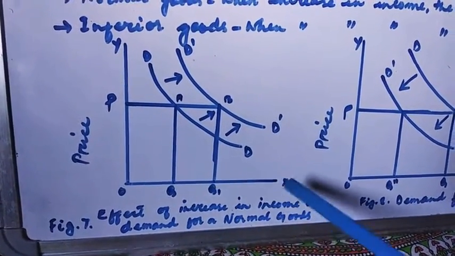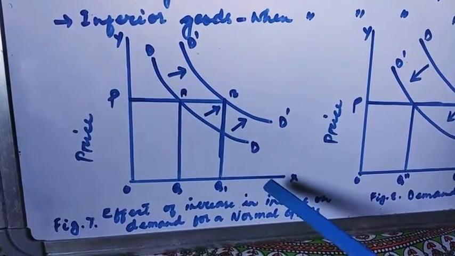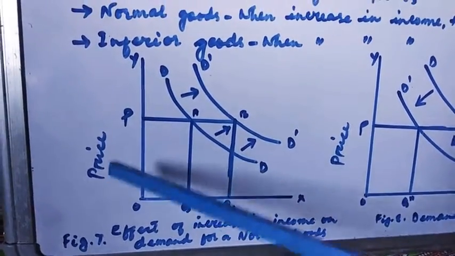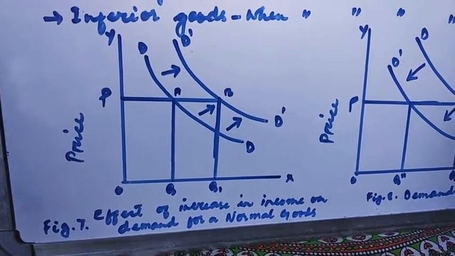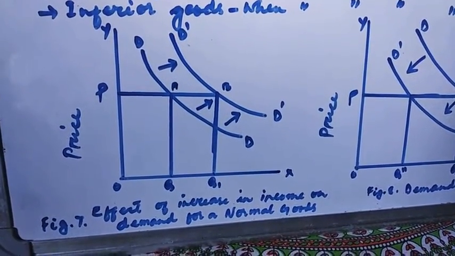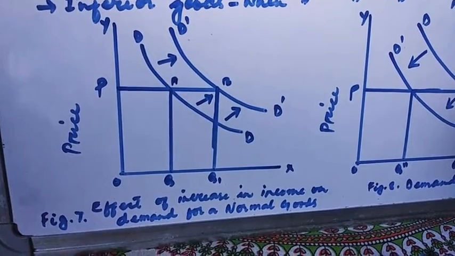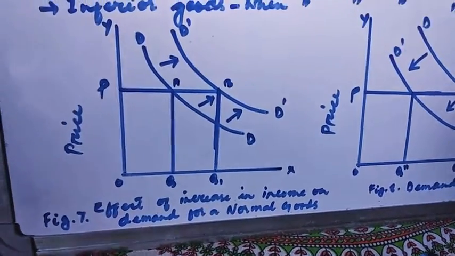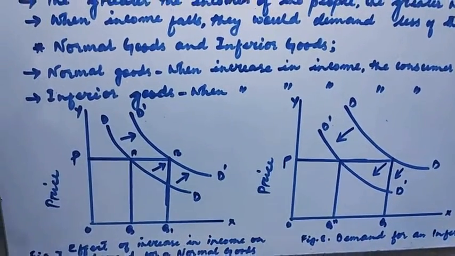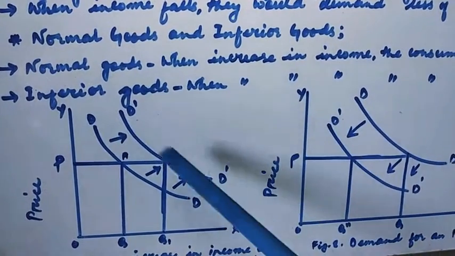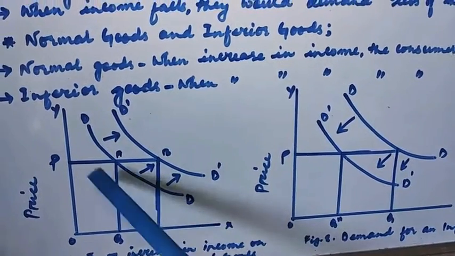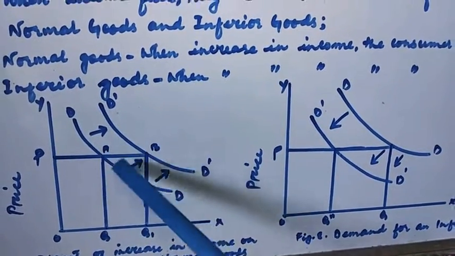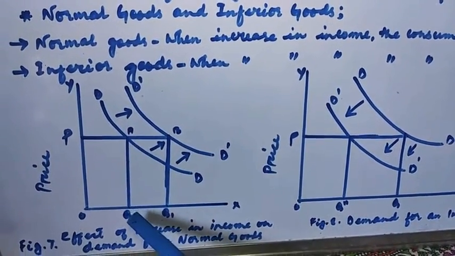So on the x-axis we are measuring the quantity demanded for a normal good, and on the y-axis we are measuring the price of that normal good. So what do we do when there is an increase in income? Before the increase of income, a consumer's demand curve is given by DD at price P, and he is demanding OQ of a commodity.